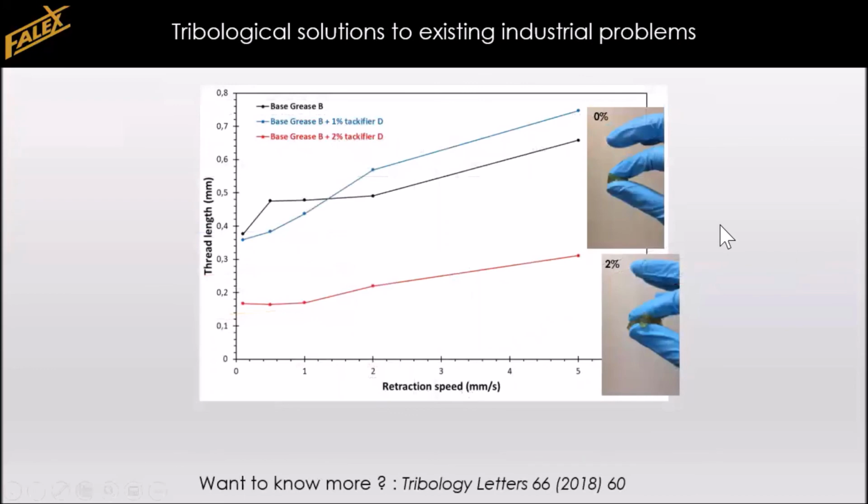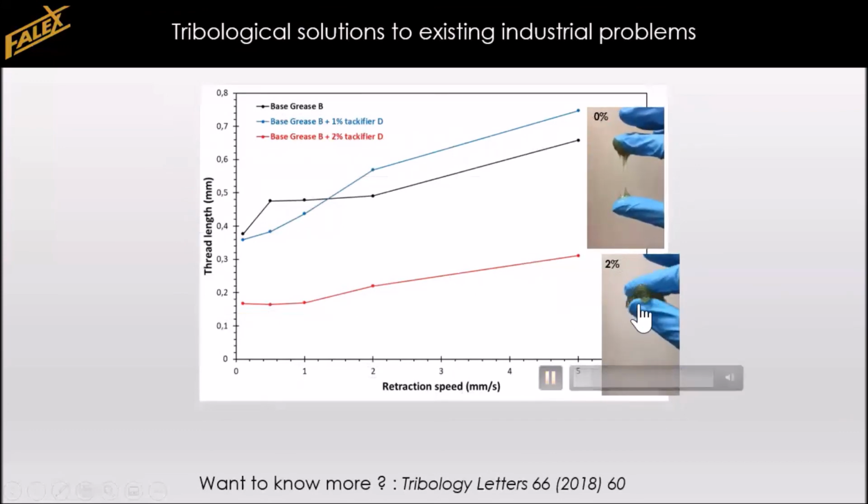Another surprising result we measured, in case of another grease with another tackifier, adding 1% of tackifier to the base grease, we get a little bit of an increase of the thread length. This is the performance of the base grease. But when we are adding 2% of tackifier, we get a serious drop in the thread length.